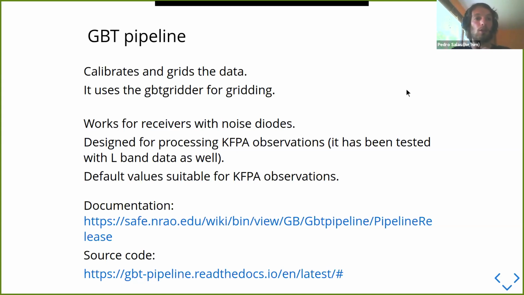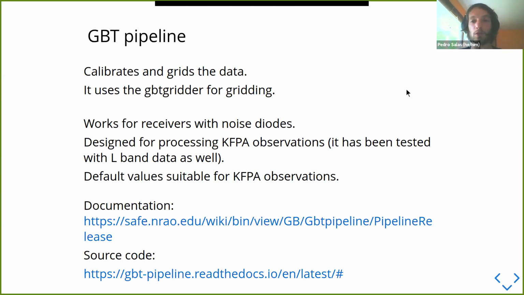So there is this thing called the GBT pipeline, which, as the name suggests, is a pipeline for GBT observations, and this will basically take mapping scans in SDFITS format and calibrate them and output a cube or a calibrated data set depending on the options you specify.